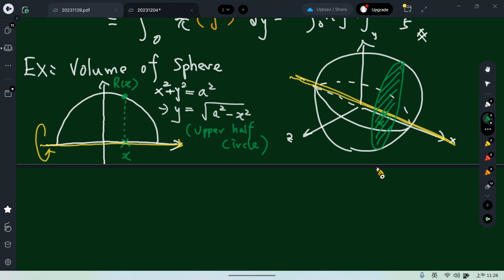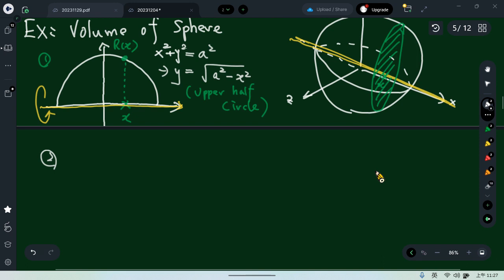Right? So if you just use this, then you can get this one, right? So this is the first step we just finished. The second step is we try to get A of x. A of x means this one, right? Because for different x, you can have a different disk, a different area of the disk, right?